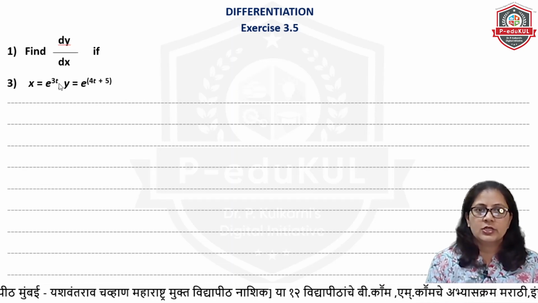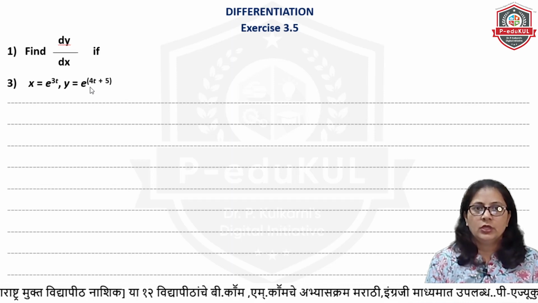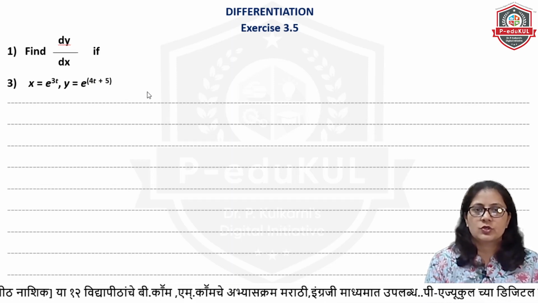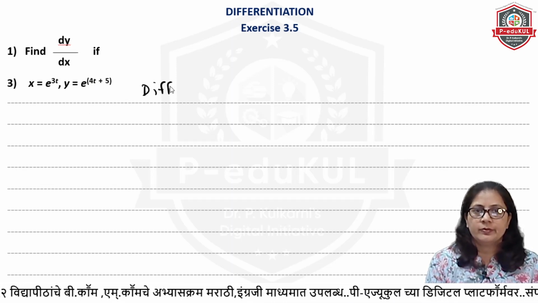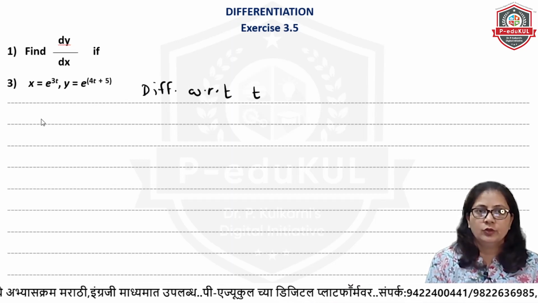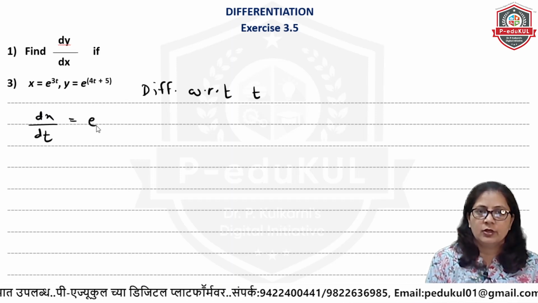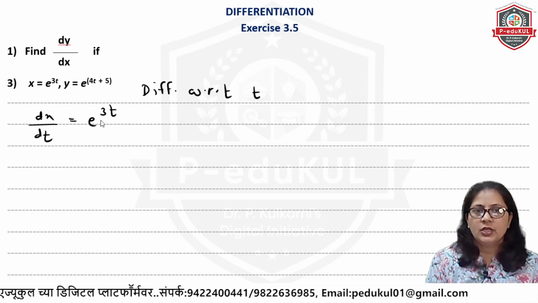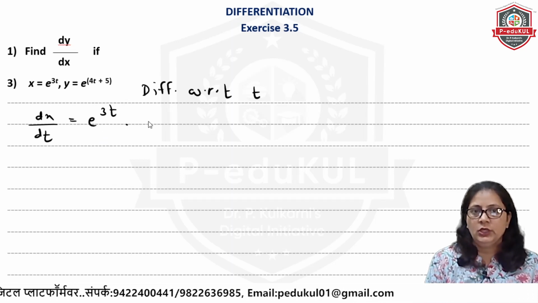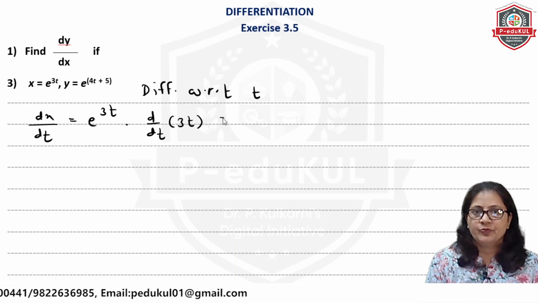x is equal to e raised to 3t and y is equal to e raised to 4t plus 5. So again we will write the same step. Differentiate with respect to t. So here dx by dt is equal to, now the derivative of e raised to x is e raised to x only, and then we will calculate the derivative of 3t.